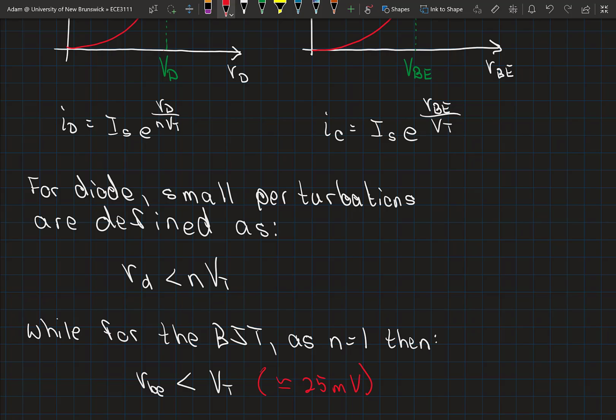Then for values of VBE less than that, we can treat those as small signals, and we can treat the operation as linear rather than having to deal with the exponential behavior that is defined by our equations up above. And we remember that this was based on a Taylor series expansion that we worked through back in our diodes, so we won't bother going through that again.